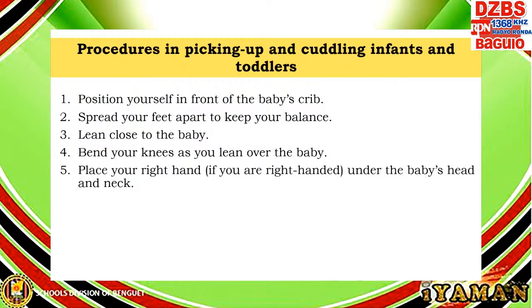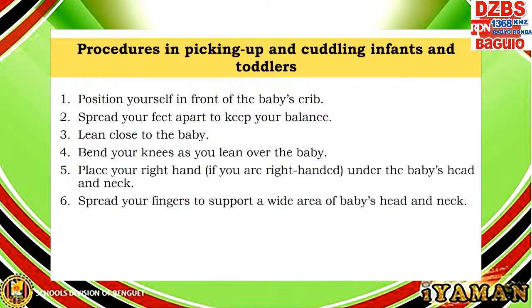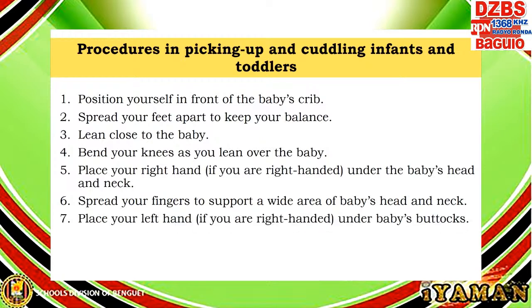Fifth, place your right hand, if you are right-handed, under the baby's head and neck. Sixth, spread your fingers to support a wide area of the baby's head and neck. And then, as for your left hand, you place it under the baby's buttocks.